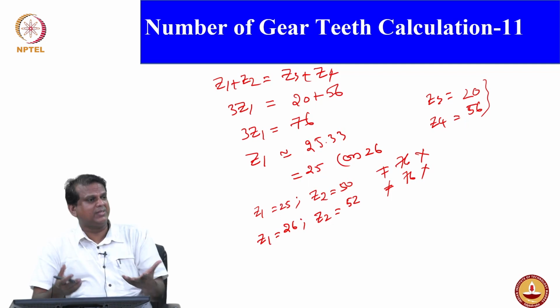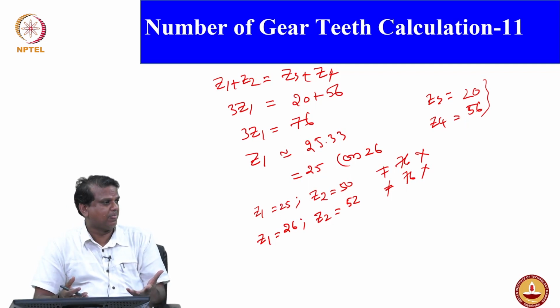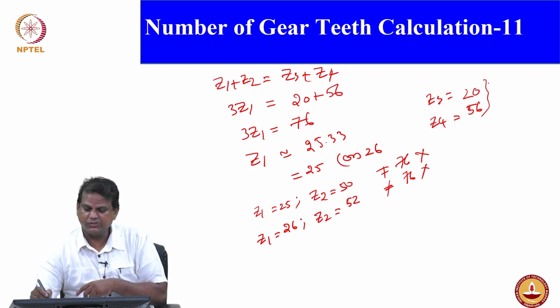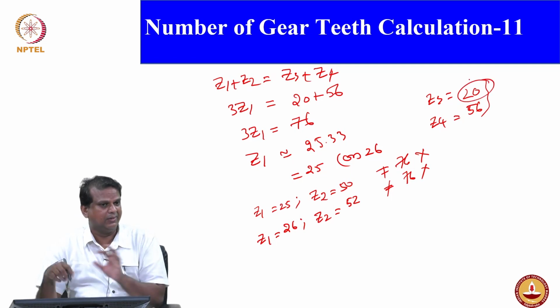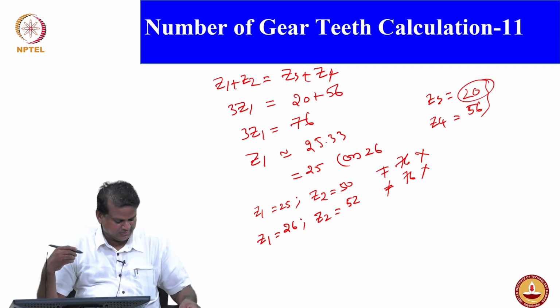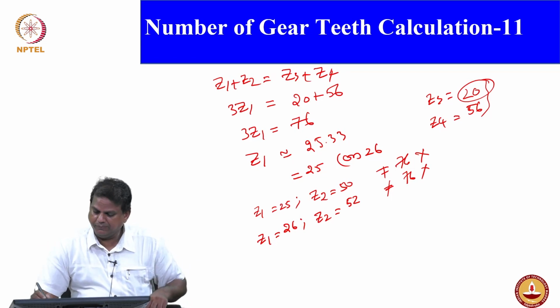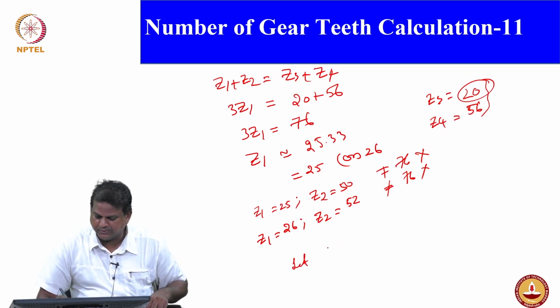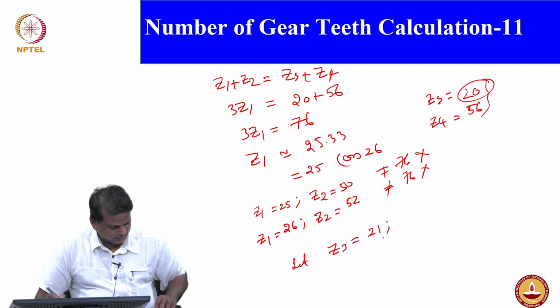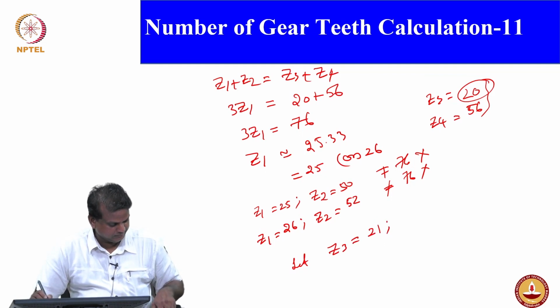So what is the way to achieve it? You can change Z1, Z3 as a different value. You can change Z3 as a different value. In fact, if I take Z3 as 21, right, Z4 equal to how much?